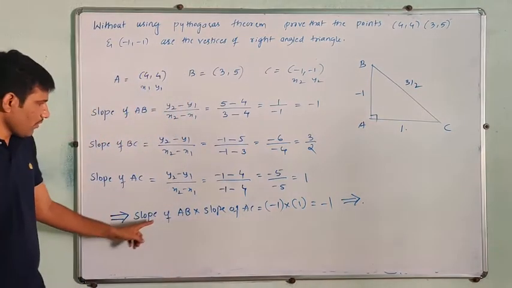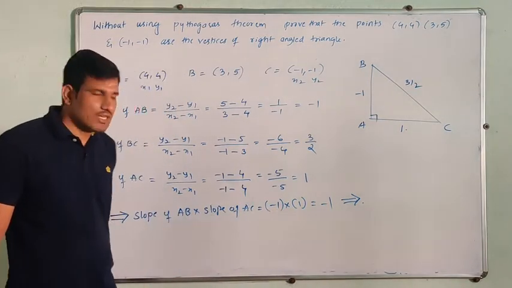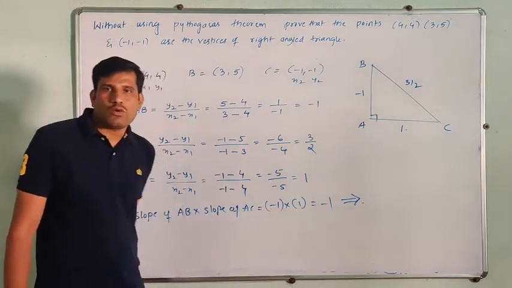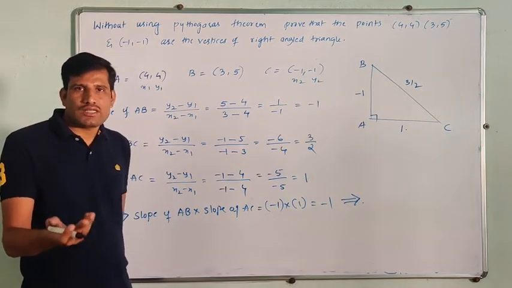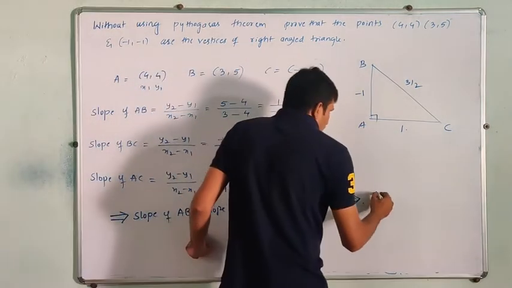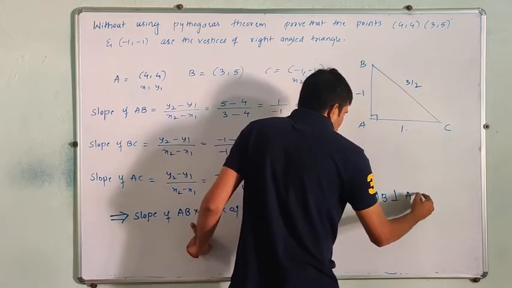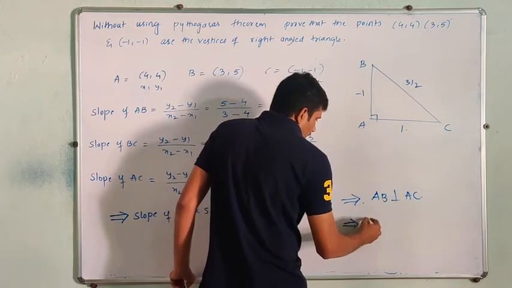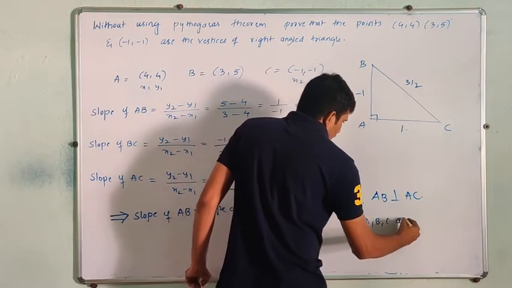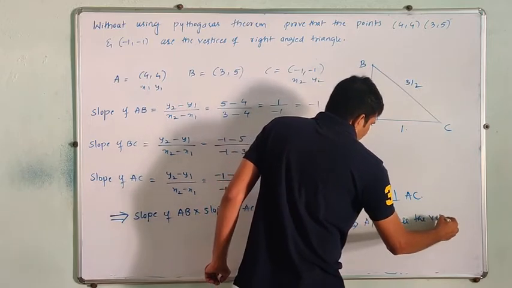So if the product of slopes is equal to minus 1, that implies the two lines are perpendicular. That is, AB is perpendicular to AC. Therefore, ABC are the vertices of a right angle triangle.